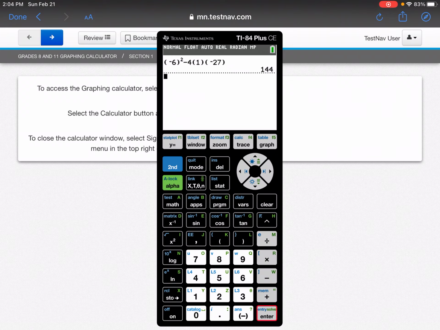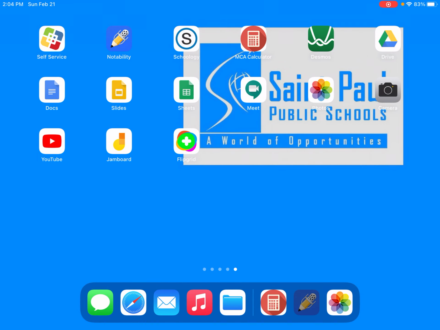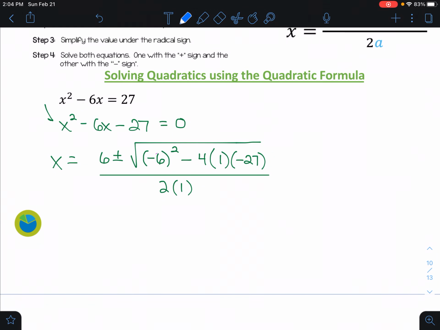Okay, we get 144. So I'm going to write x equals 6 plus or minus the square root. I still have that square root, but now this whole thing has become 144 over, I may as well go ahead and simplify that too, over 2.